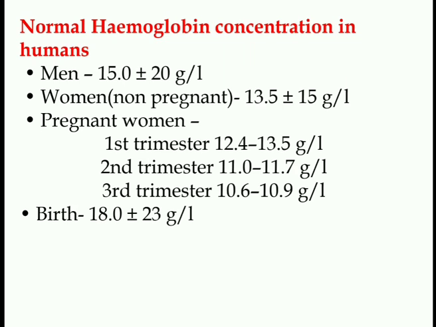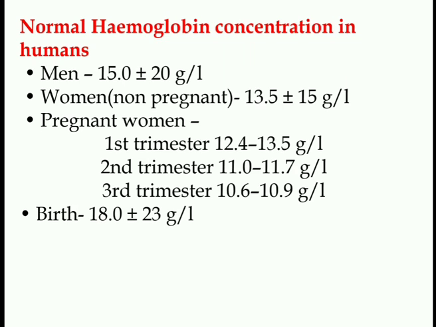The normal concentration of hemoglobin in humans varies. In men, it is 15 to 20 gram per liter. In women non-pregnant, 13.5 to 15 gram per liter. In pregnant women, during first trimester, it is 12.4 to 13.5 gram per liter.